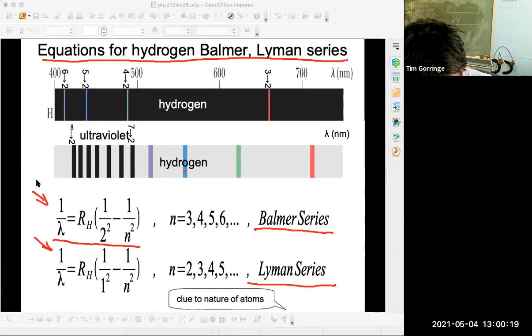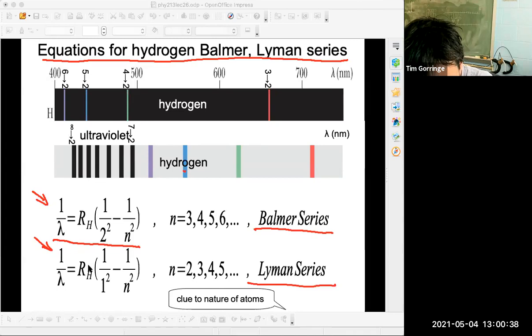So let's look at the Balmer series case. Here's the wavelength in the denominator on the left. So the left-hand side of these equations involves the wavelength, so they're going to predict the wavelength.